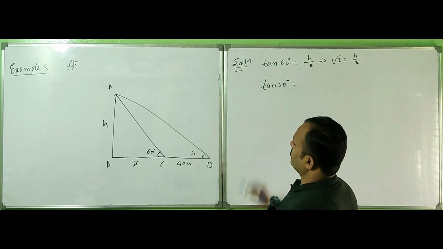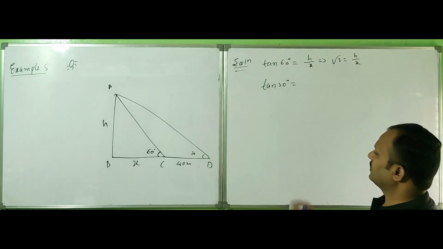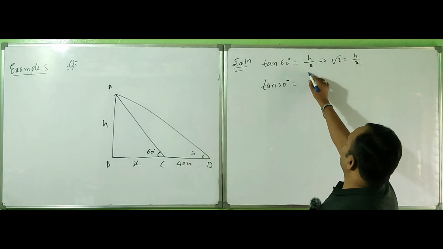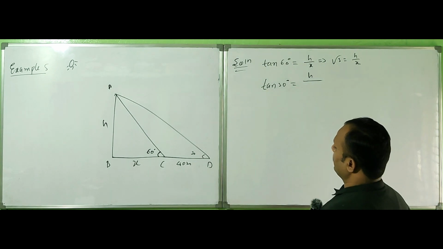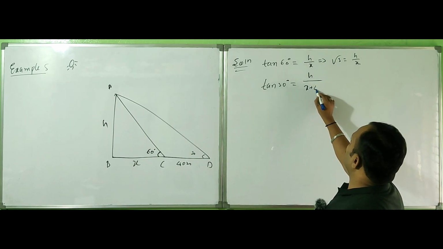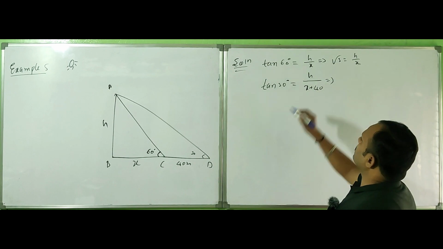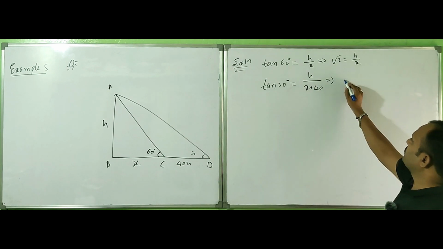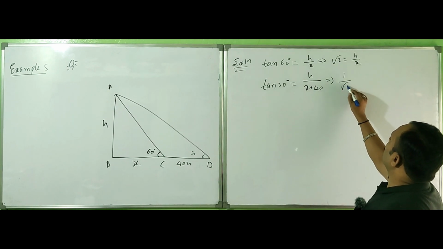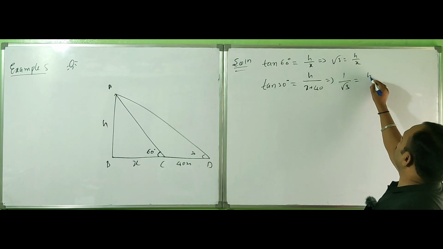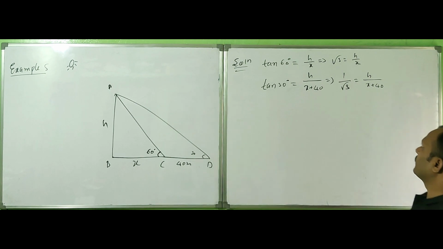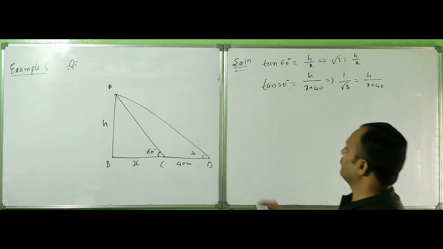tan 30 degrees is equal to opposite by base. What is the opposite here? h, and the base is x plus 40. This is simple. What is tan 30? 1 by root 3. So 1 by root 3 is equal to h by x plus 40.